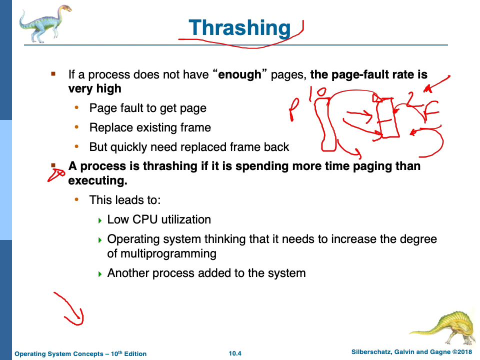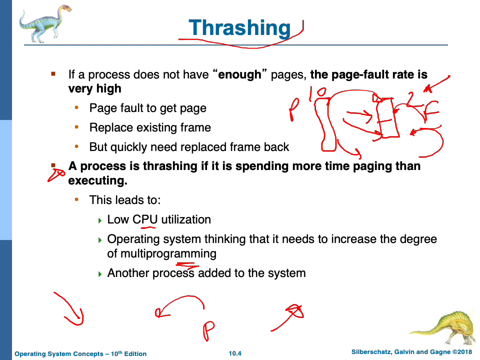And so the operating system will think, oh well, since the CPU is idle, we do have room to admit more processes. And so this will increase the degree, because the operating system's goal is to increase the degree of multi-programming, right? Remember, the degree of multi-programming is the number of processes that we admit into the system at a given time. So when the operating system detects that the CPU is not used enough, it will try to admit more processes to increase the degree of multi-programming.